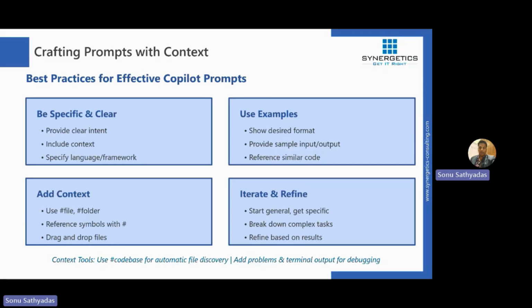But what is the sample format? You can upload a sample format, maybe in image format or PDF format. So ChatGPT can see that format and generate a similar format response, right? So that is what context means. You are also providing some information like files, folders, tools, etc.